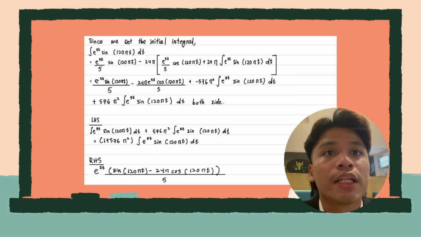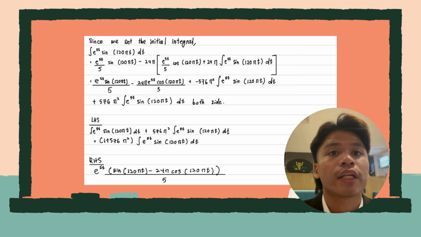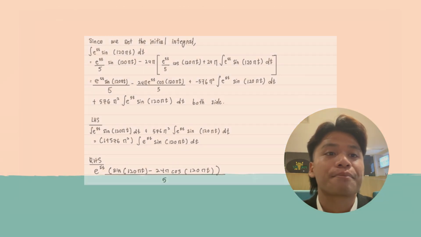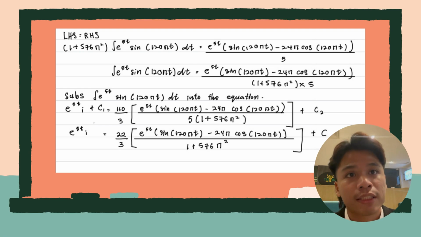Since we set the initial integral, which is the integral of e to the power 5t sine 120 pi t dt, we can apply this equation to both sides, the left hand side and the right hand side, and we get the equation shown on the slide. After we get the left hand side and the right hand side, we set the left hand side equal to the right hand side as shown.